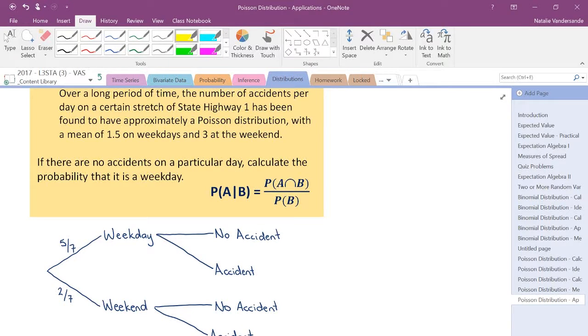We are going to use a Poisson distribution to fill in the two highlighted branches on the diagram. Working on that now.